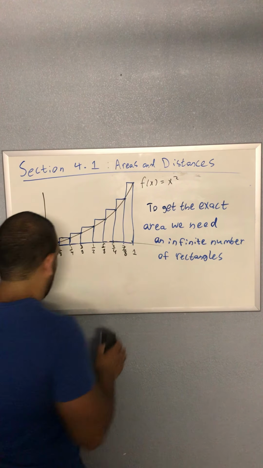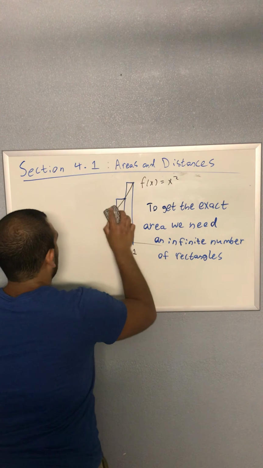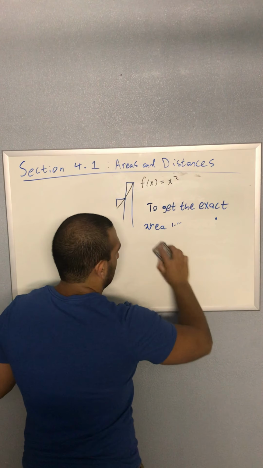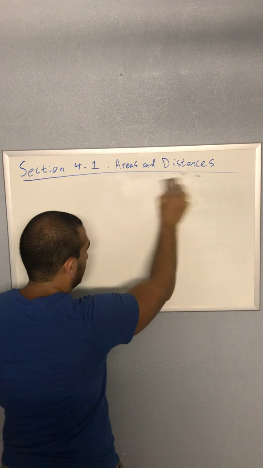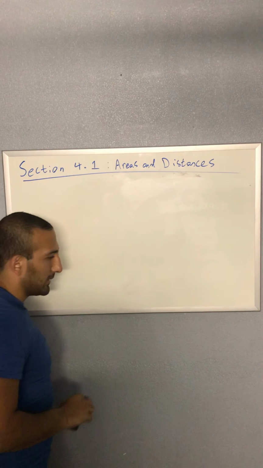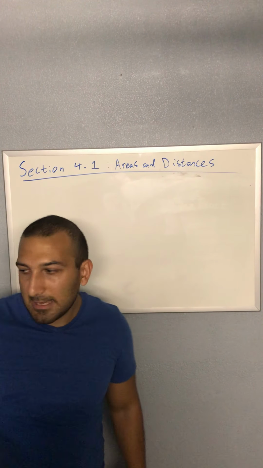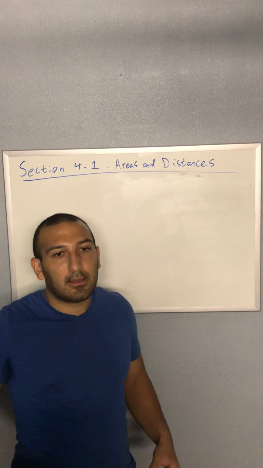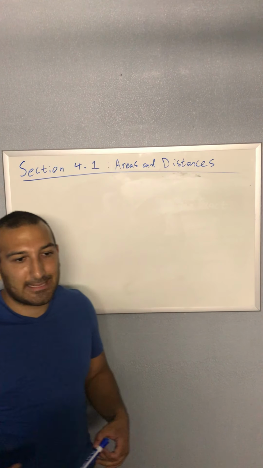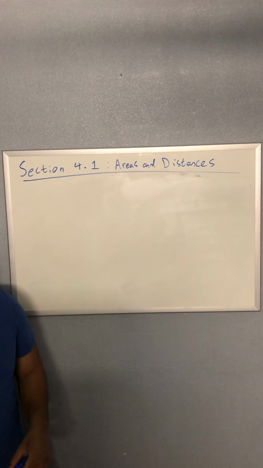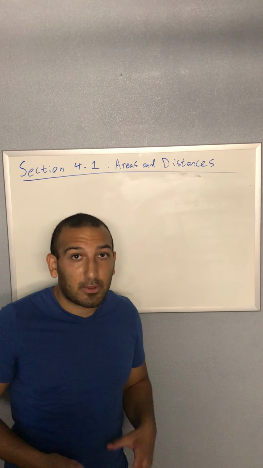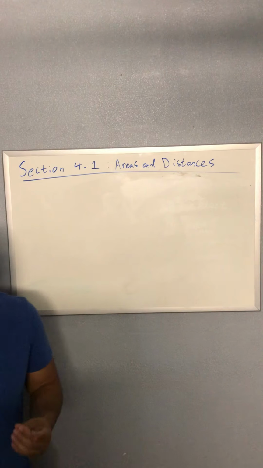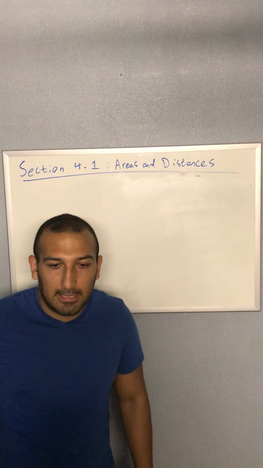So what we're basically going to do is, instead of using 4 rectangles, 8 rectangles, 16 or whatever, we're going to calculate the area with the limit as the number of rectangles goes to infinity. So we're going to calculate the area with an infinite amount of rectangles, and we're going to use the limit to do that.